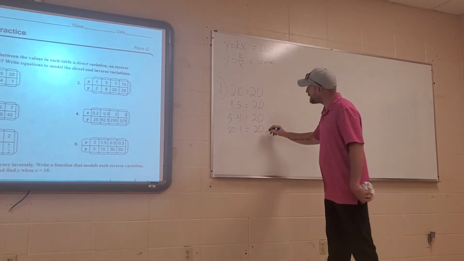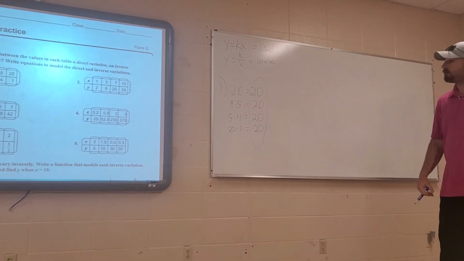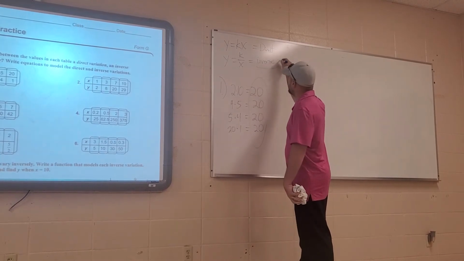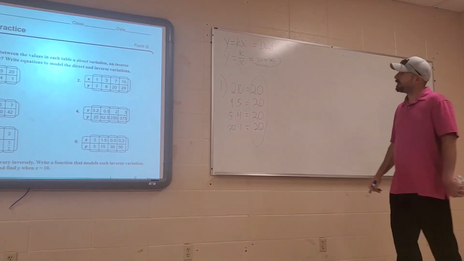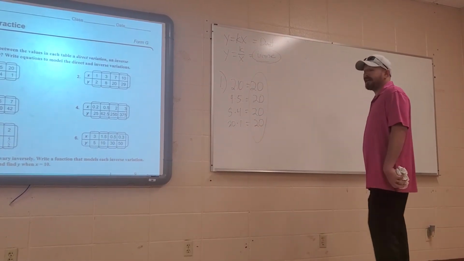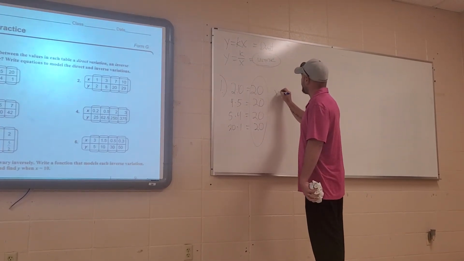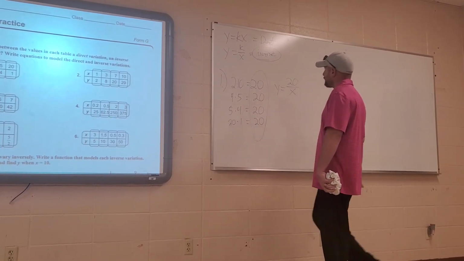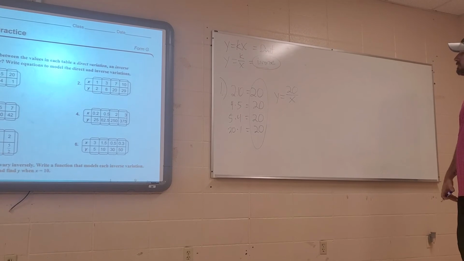So, if these numbers are the same, then it is inverse. Okay, and this number is the k. So then the formula here would be y equals 20 over x. Okay, that's all you do here.